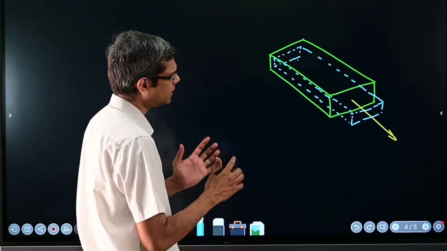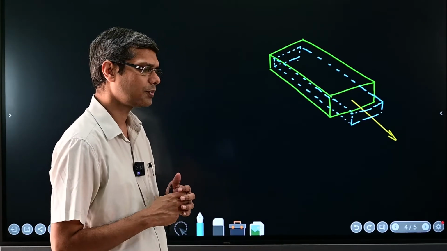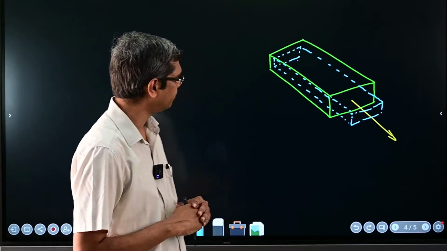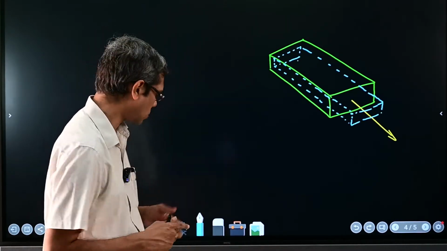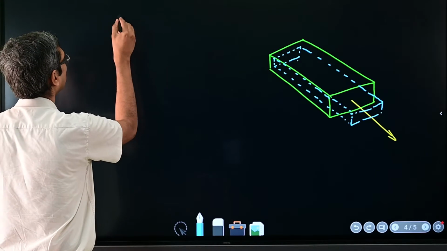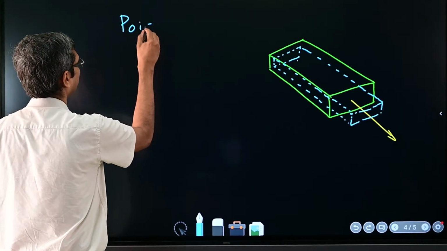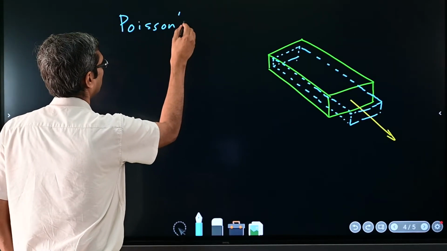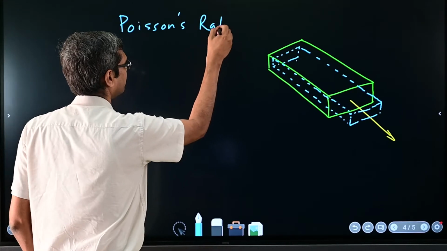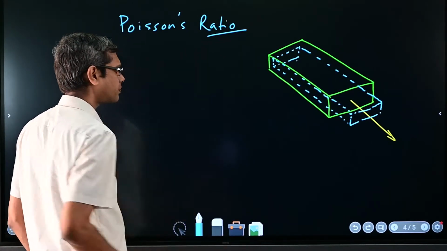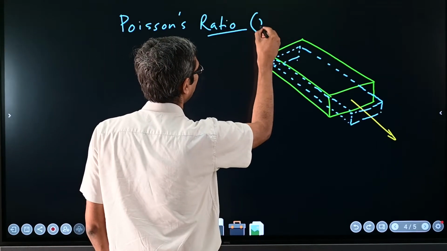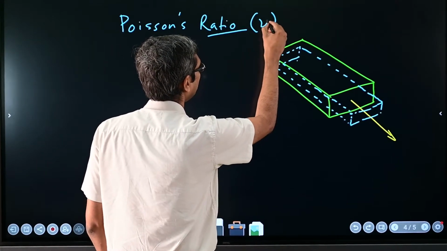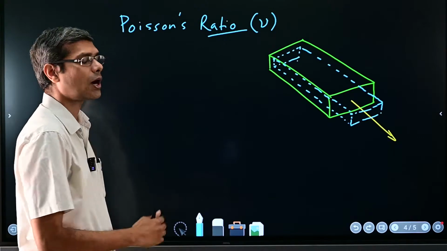Now this concept or this observed phenomena is represented by a parameter which is called the Poisson's ratio, okay. Now this is denoted by the symbol nu, generally, and then how is it defined?